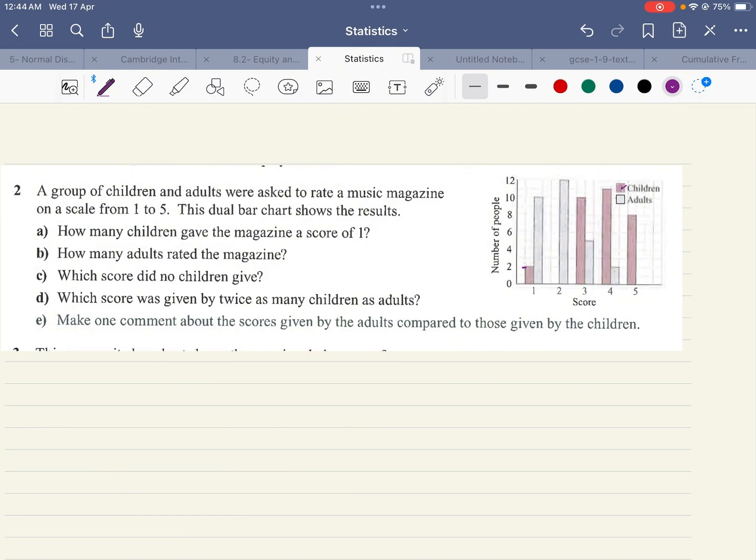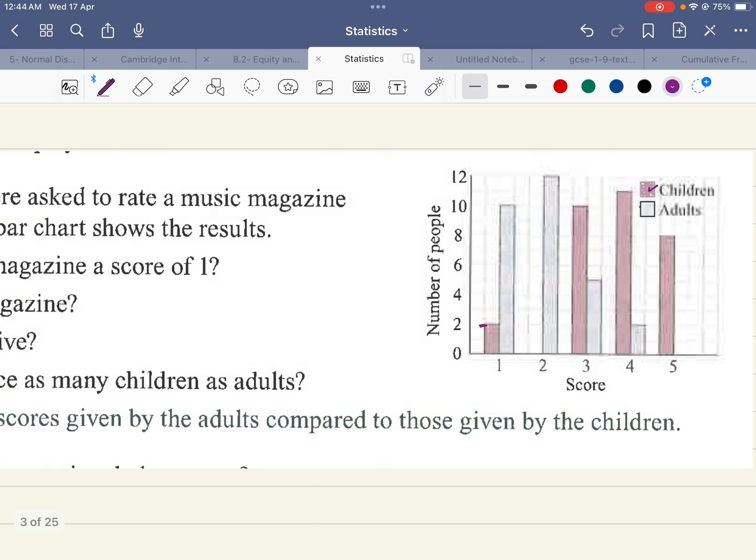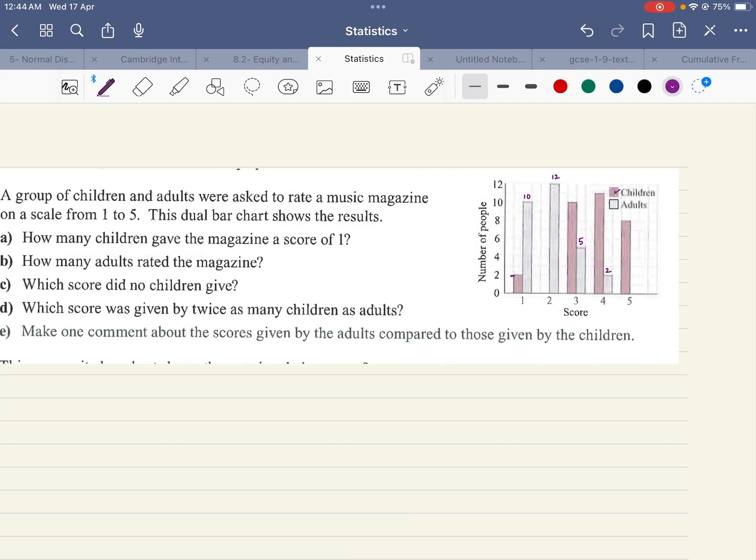How many adults rated the magazine? Means overall how many adults. You will add all the adults. 10, 12, 22, 22 plus 5, 27 and 27 plus 2, 29. 29 adults rated the magazine.